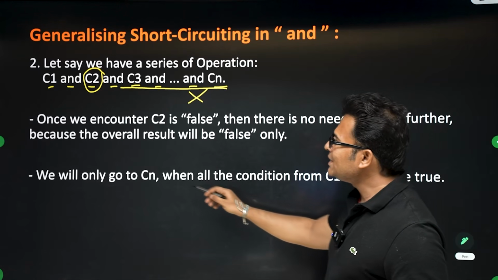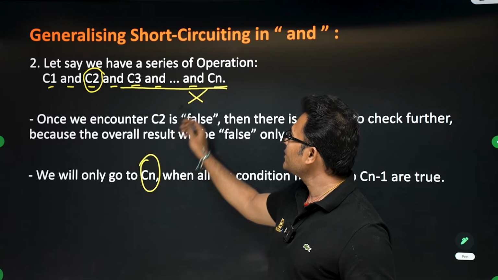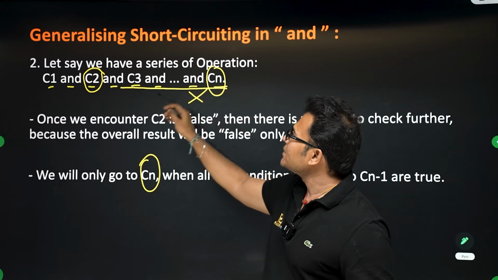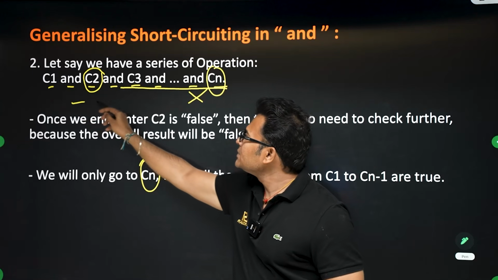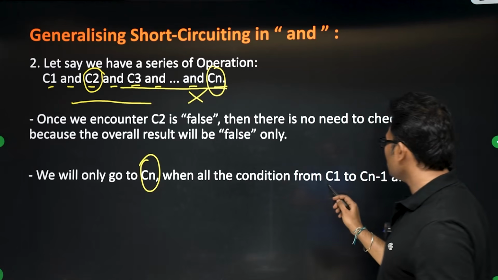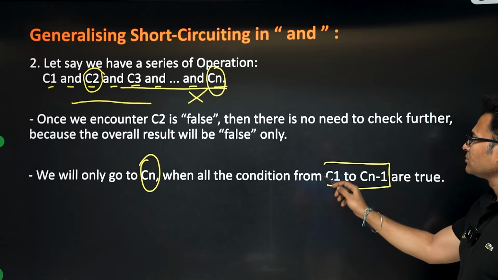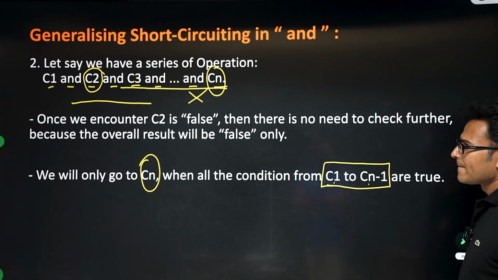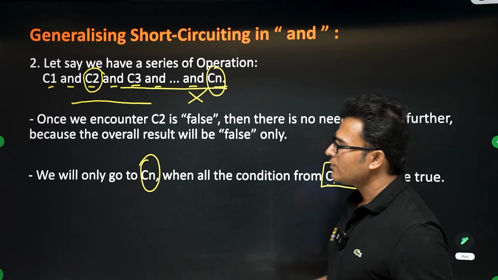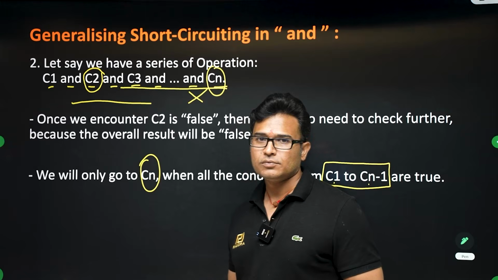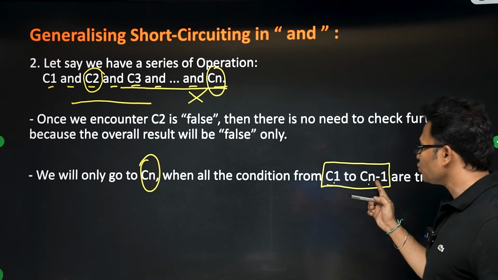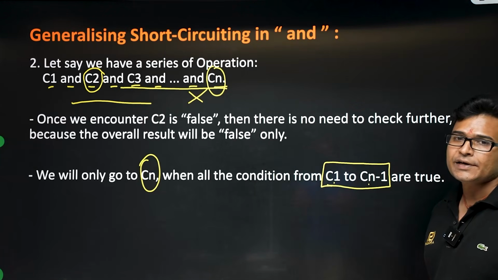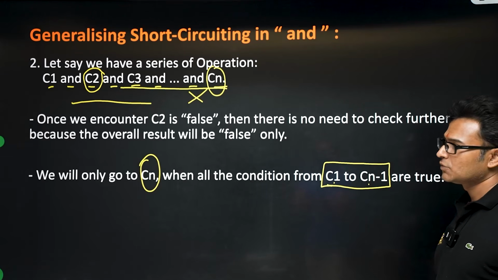Now, when will Cn be evaluated? When you are evaluating Cn, it means that from C1 till Cn minus 1, all are evaluated to be true. Only when all of them are true will we check Cn, otherwise we will not check Cn, okay?